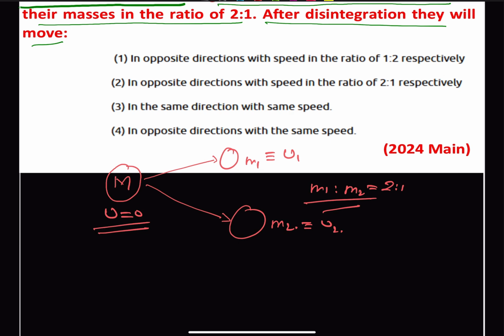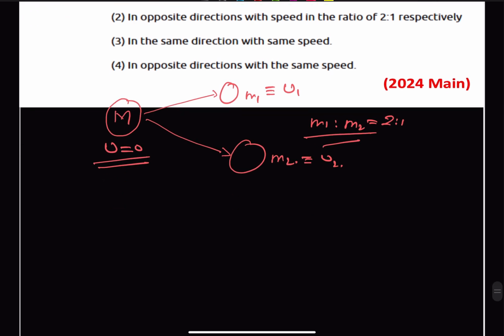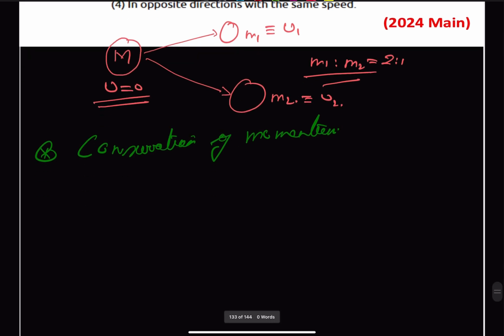So we can just use conservation of momentum. Initial momentum will be equal to 0. Let me write the formula. This becomes M times V is equal to m1 v1 plus m2 v2.